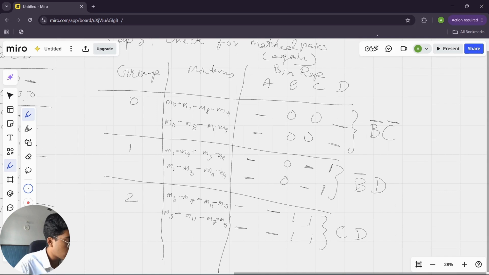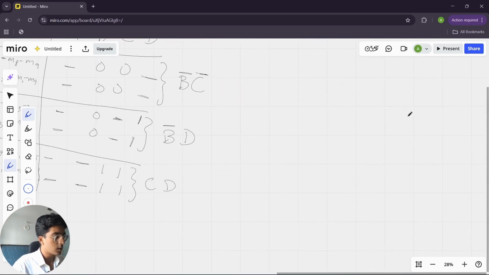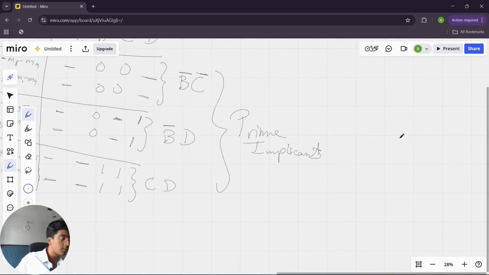Now all of these which we have written, these are the prime implicants. Actually, in this question about the Quine-McCluskey method, we'll have to first find out the prime implicants and the essential prime implicants.